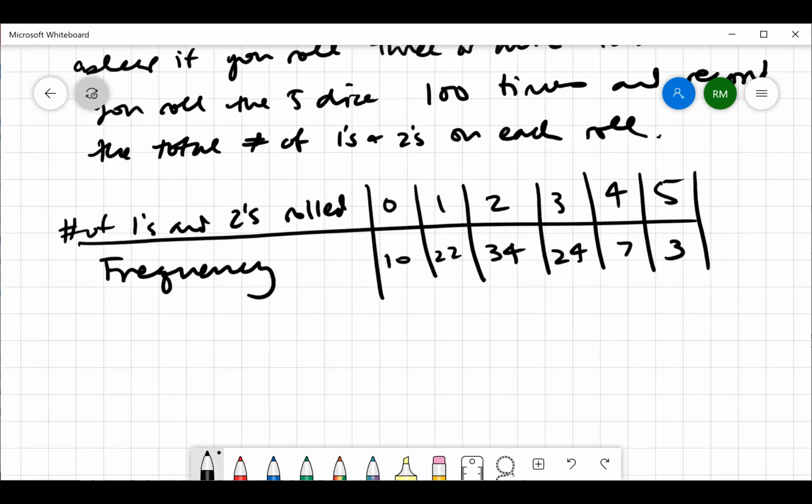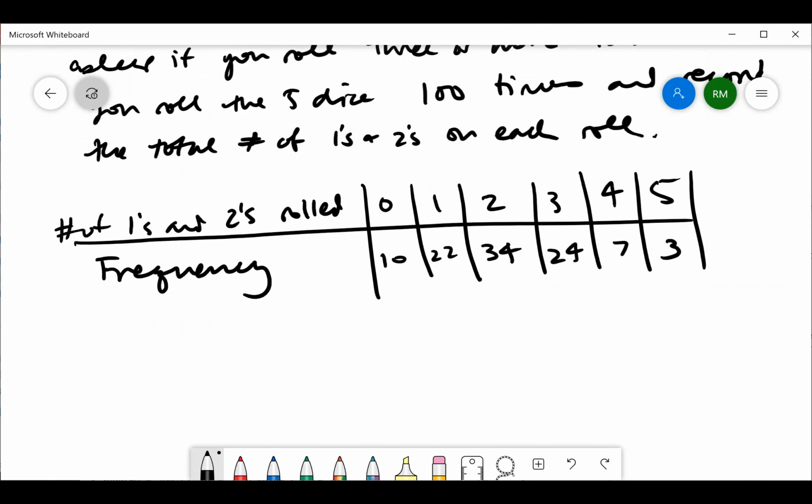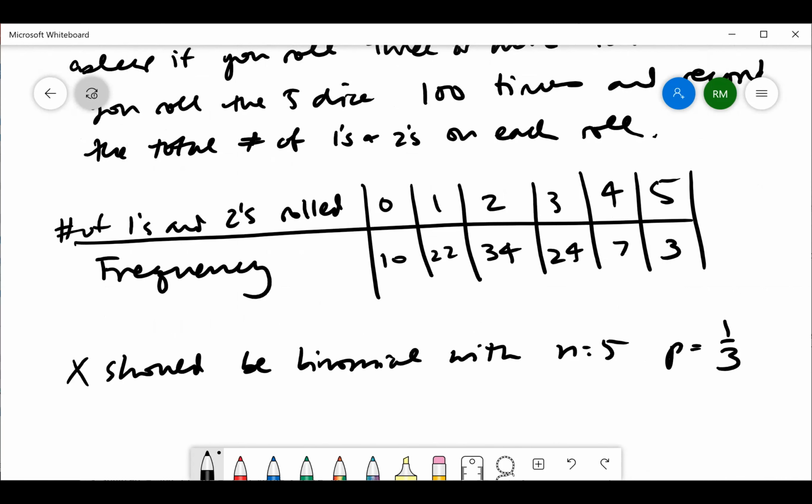So we know that X should be binomial with n equal 5 and probability 1/3. Ones and twos make up 1/3 of the possible dice numbers, and so the probability of rolling a 1 or a 2 on a given roll is 1/3.